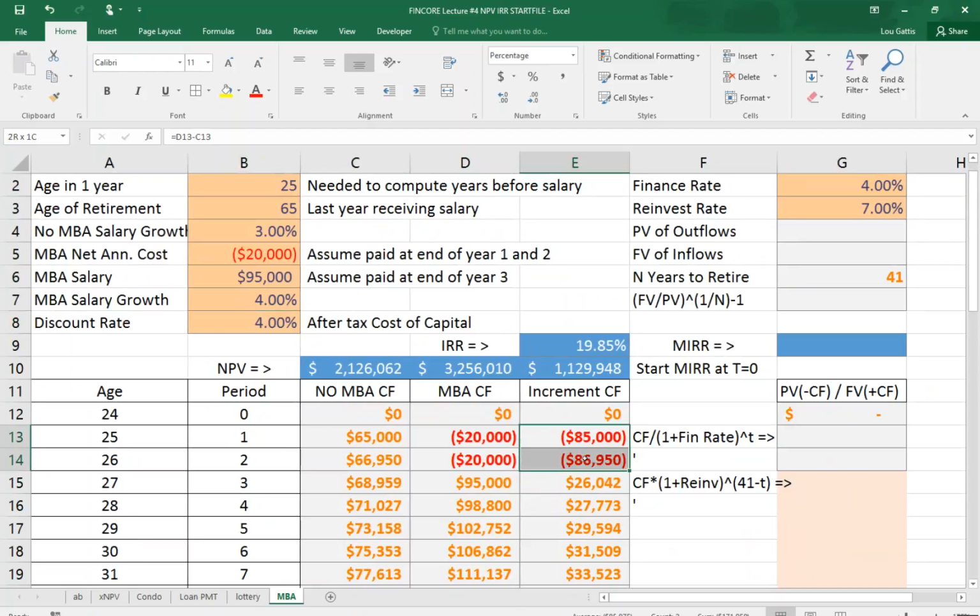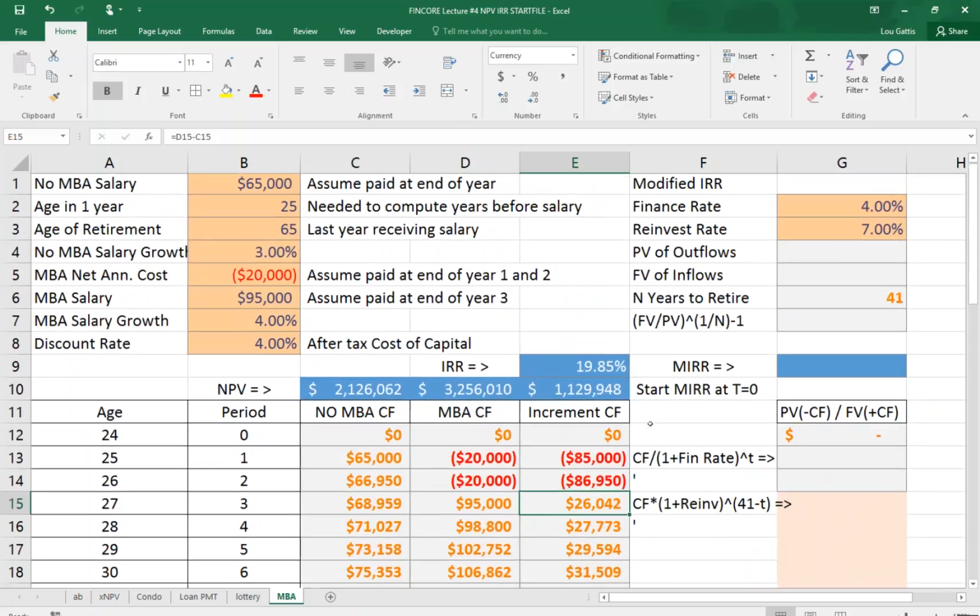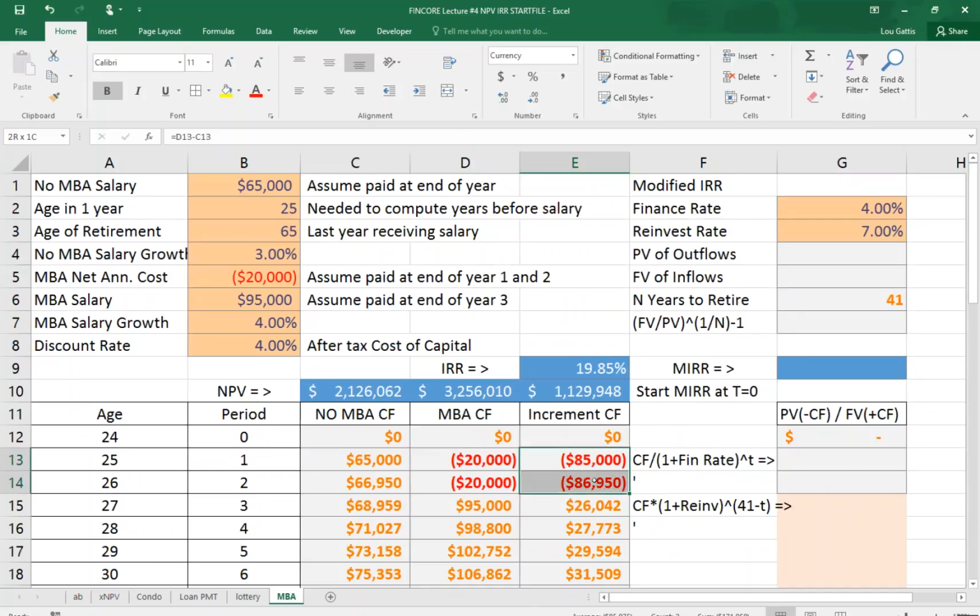In other words, you're borrowing at 4% and reinvesting this incremental amount at 4%. But something called the modified IRR lets you decide what cost you borrow money at. We'll call that the finance rate. And what interest rate do you get on the positive cash flows in which you reinvest?